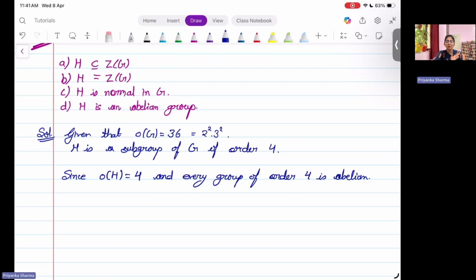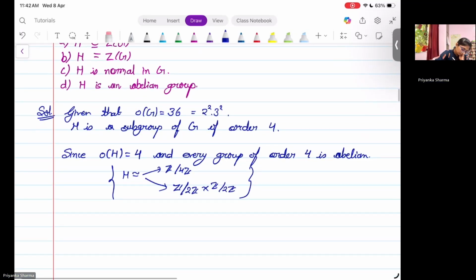That is, up to order 5, we have abelian groups. So if H is of order 4, then H can be isomorphic to either Z/4Z or Z/2Z cross Z/2Z, up to isomorphism. So option B is correct.